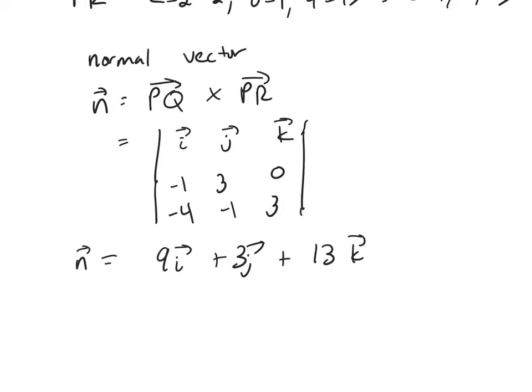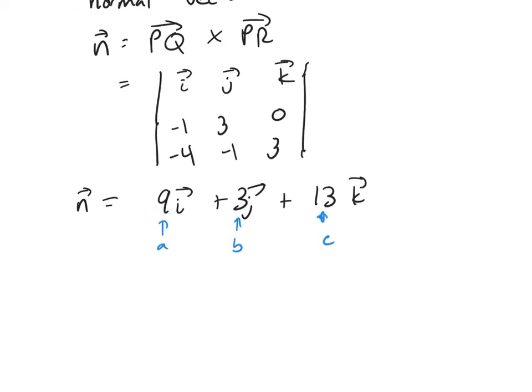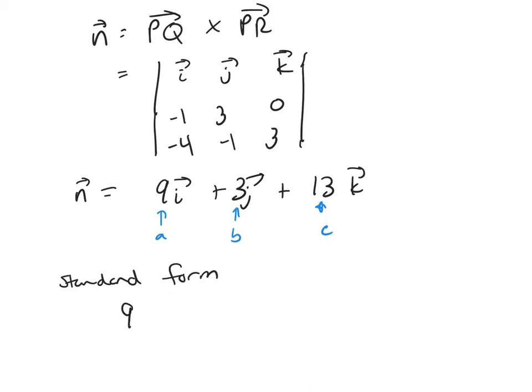So here's our normal vector. This would be our A, this would be our B, and this would be our C. Then if I want to write this equation in standard form, we need to pick a point. Which point am I going to pick?